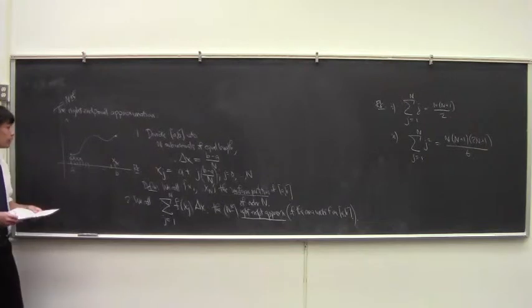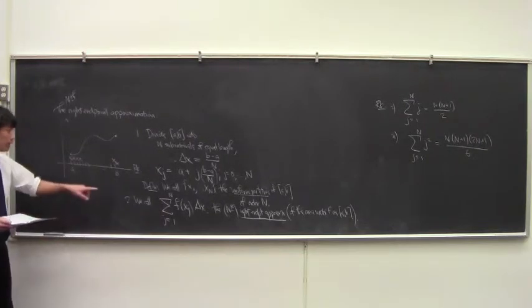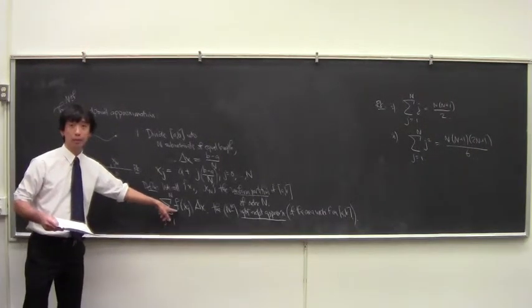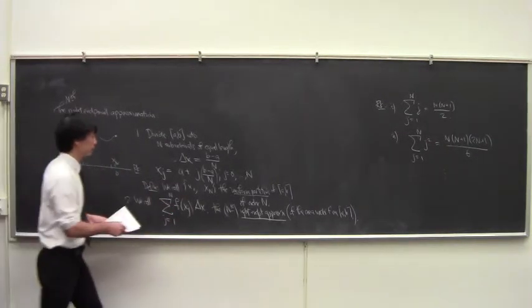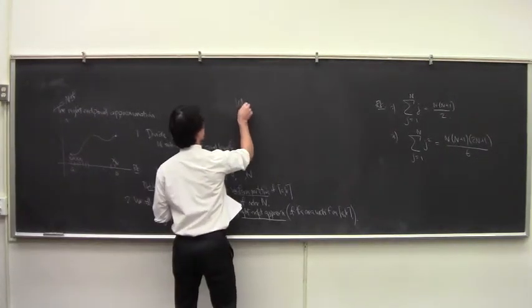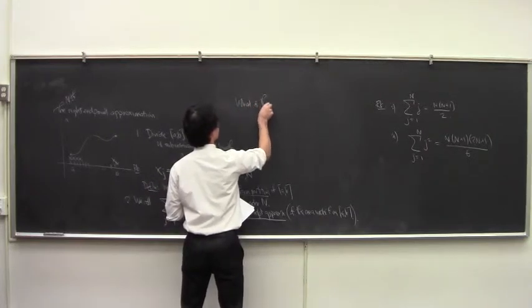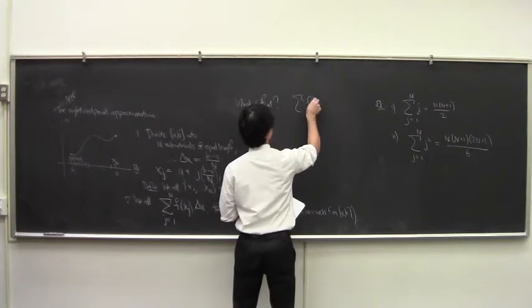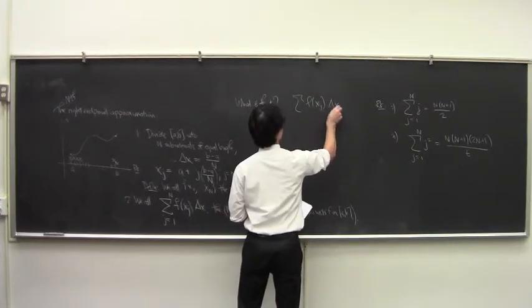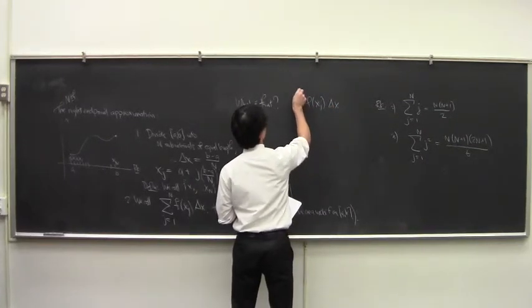So what is that thing? Let's take a look at what that is. The summation of f of xj delta x, j equals 1 to n.